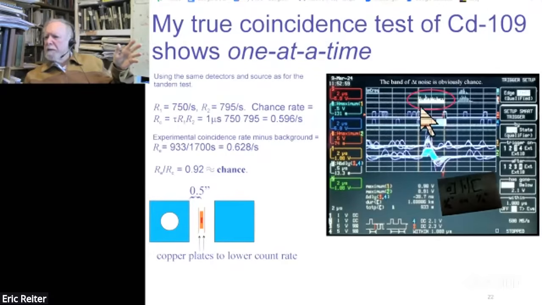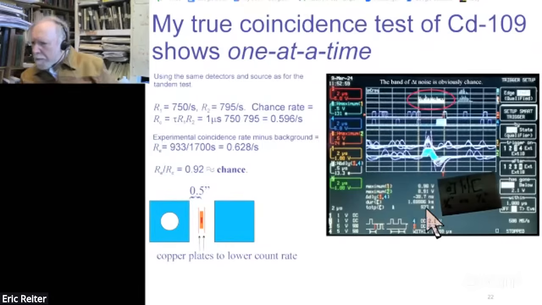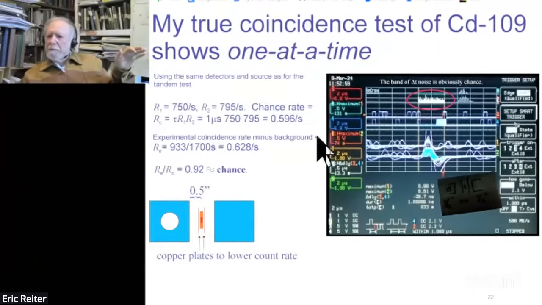In the experiment, the time is this span of time in the time difference histogram, which is a microsecond in this case. And you count how many coincidences happened for the experimental rate. And so that number is all here on the oscilloscope, the time, the duration, and the total peak. You use that for the experimental rate.